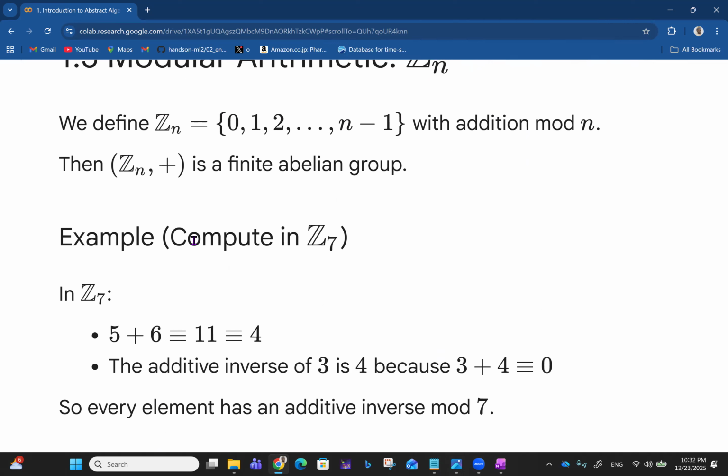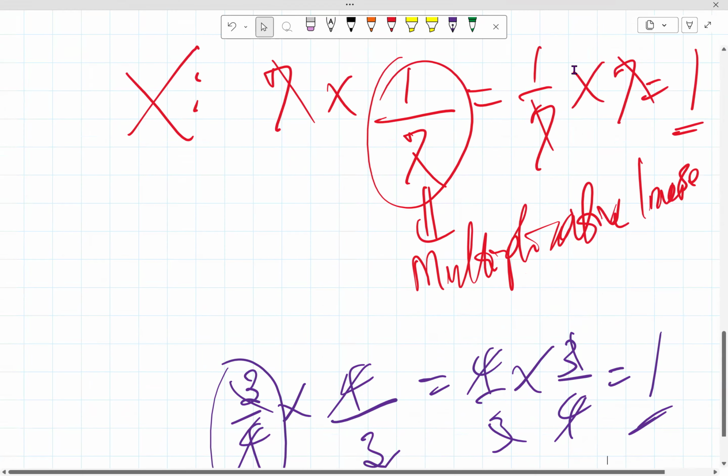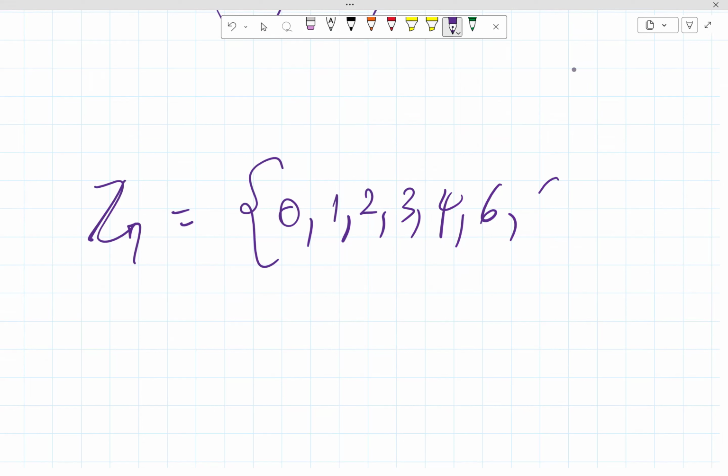Imagine you want to compute in Z7. In Z7, 5 plus 6 is equal to 4. First of all, when we talk about Z7, it means you have the collection 0, 1, 2, 3, 4, 5, 6.